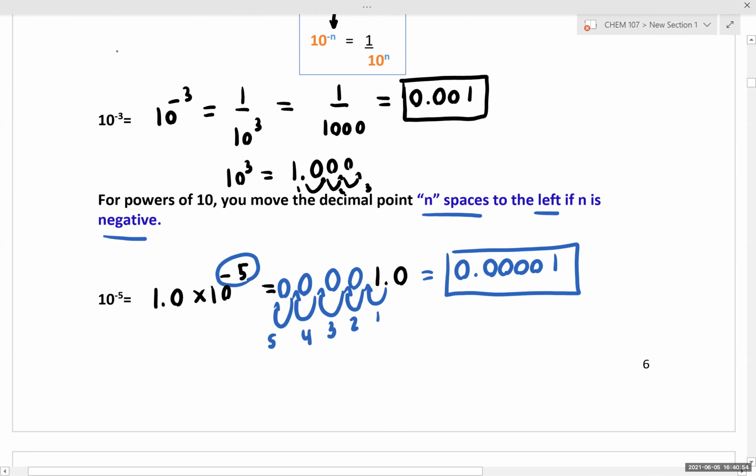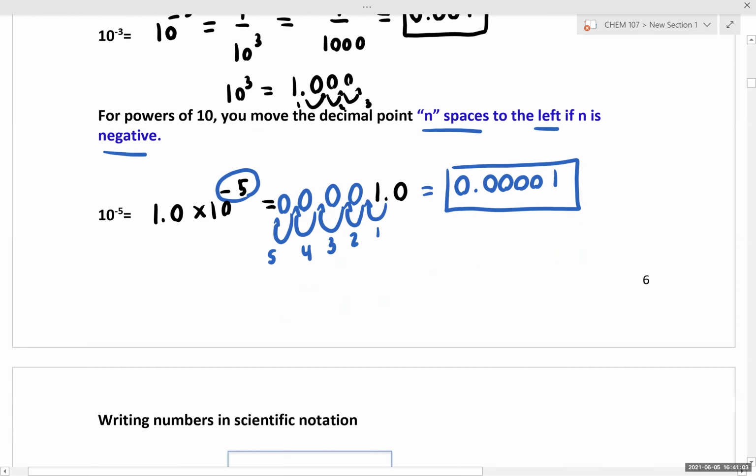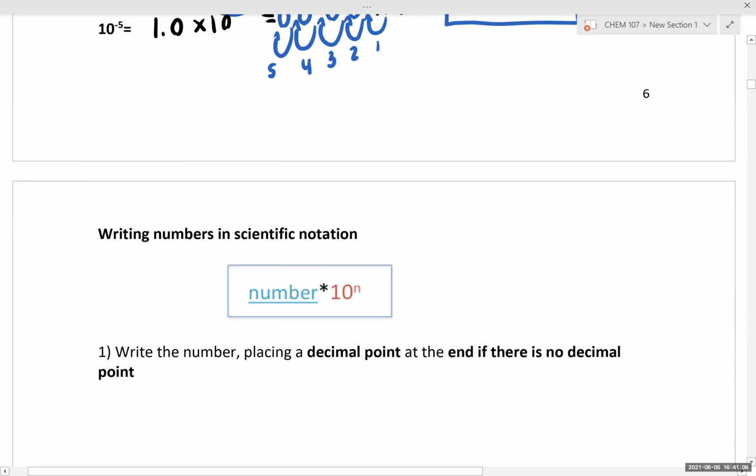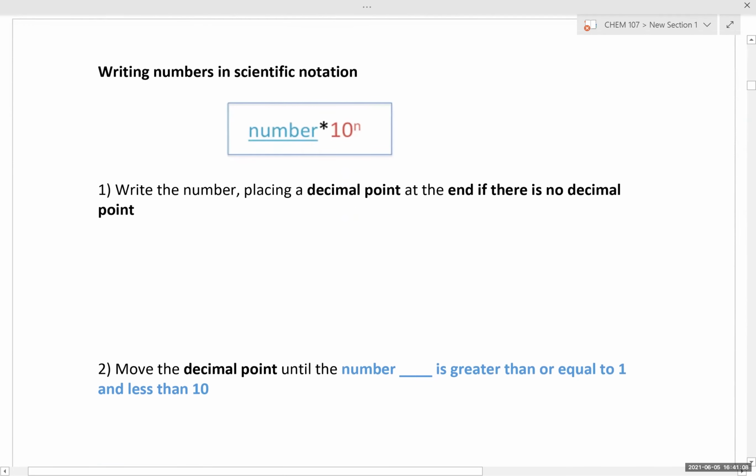Okay, so we've talked about how to multiply by positive and negative powers of 10. Let's put this together with the rules for scientific notation to talk about how to write out numbers in scientific notation. Let's do an example, and let's start with the number 543.7.